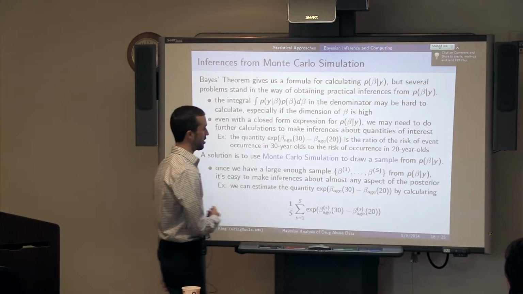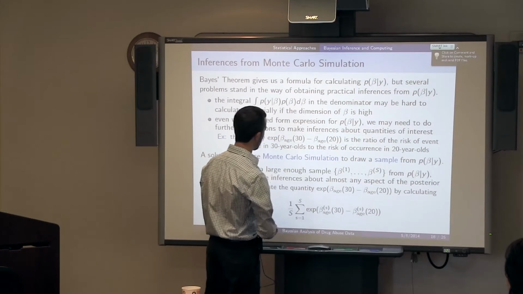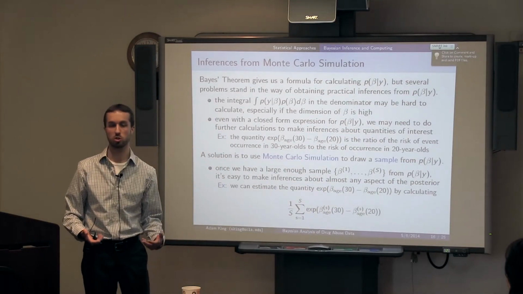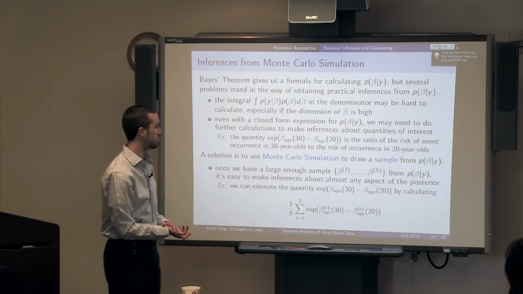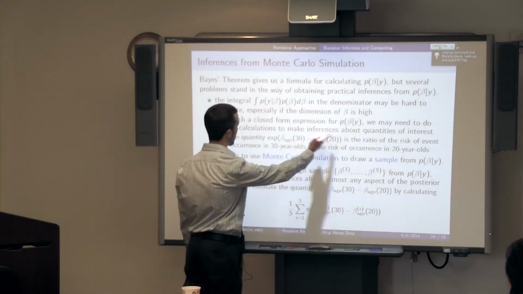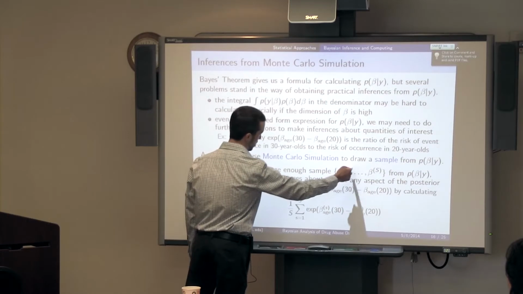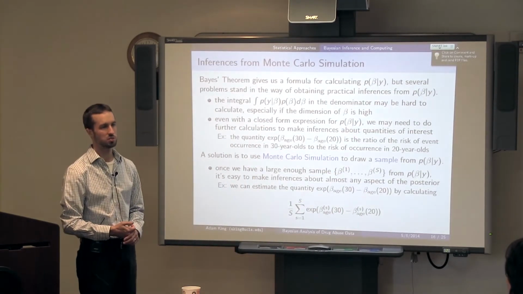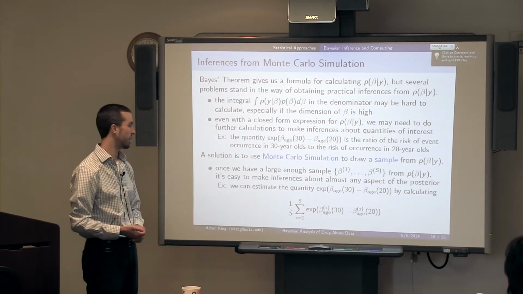For example, if I have a sample right here, and I want to make inferences about this quantity, which again has this practical interpretation of being a risk ratio, then what I do is I just take my sample, I evaluate this expression for each element of this sample, I add them all up and divide by the number of samples, and that gives me a posterior estimate.